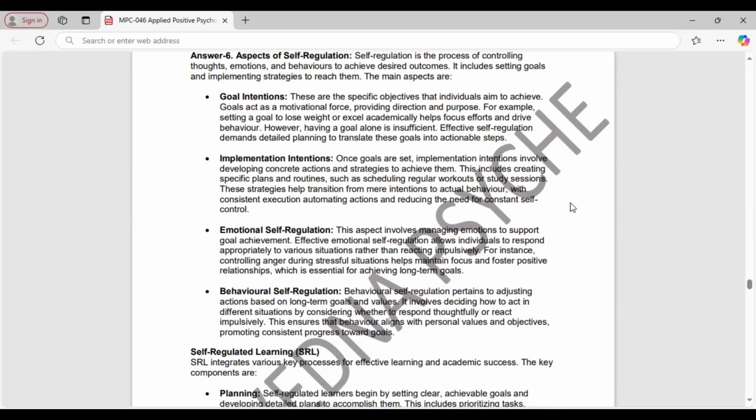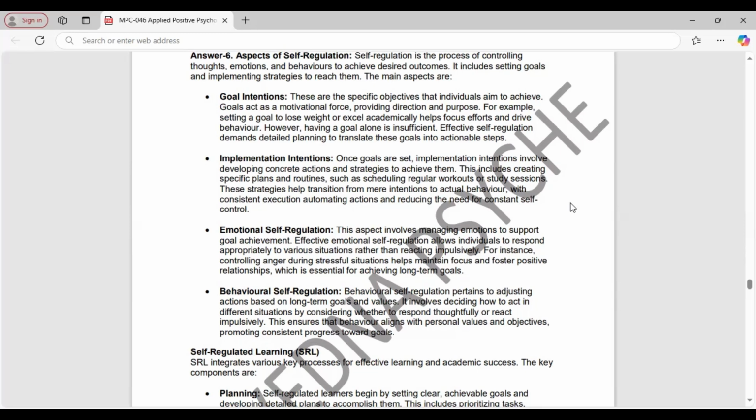Implementation intentions. After setting goals, implementation intentions involve developing concrete actions and strategies to achieve them. This includes creating specific plans, such as scheduling workouts or study sessions, which help transition from intentions to actual behavior, automating actions, and reducing the need for constant self control.